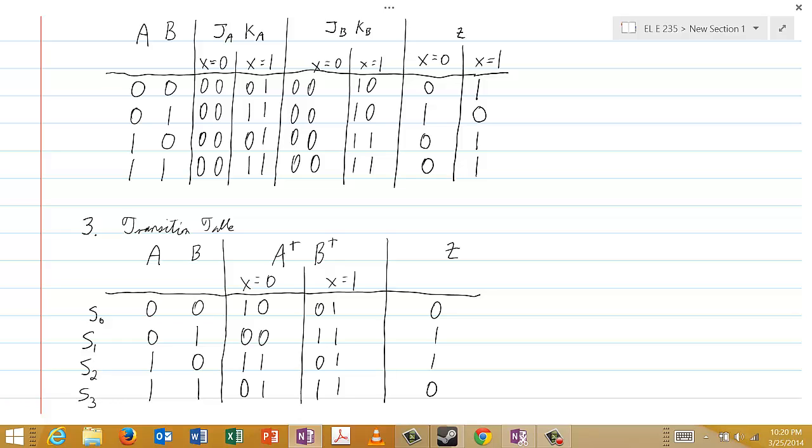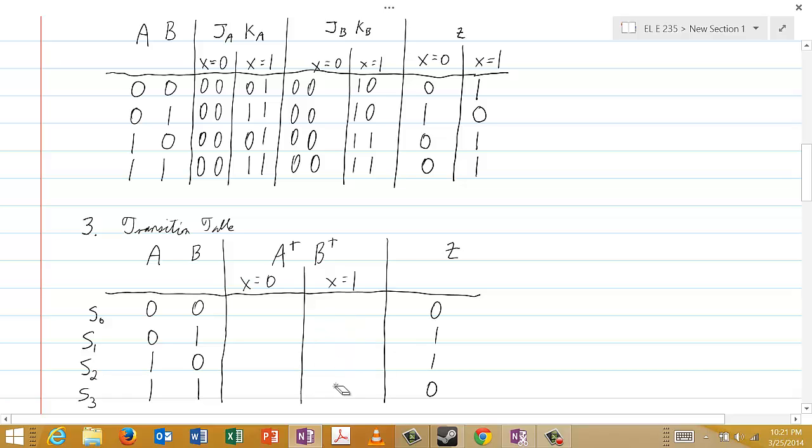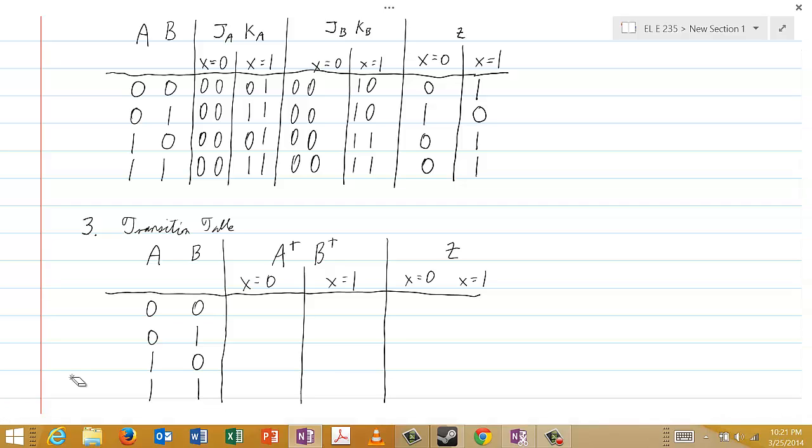So now this is left over from last time, so let me erase this. And of course, we don't need to put in the state names yet, because this is the transition table. Okay. So now let's look at this very carefully.